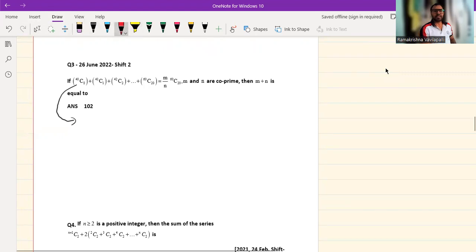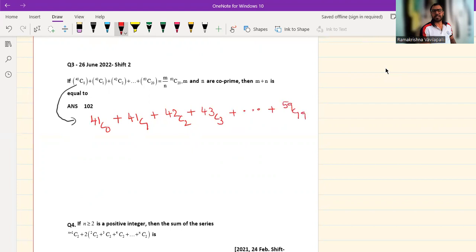So I can write this as 41C0 plus next term 41C1, 42C2, 43C3, plus and so on plus this is 59C19 plus 60C20.